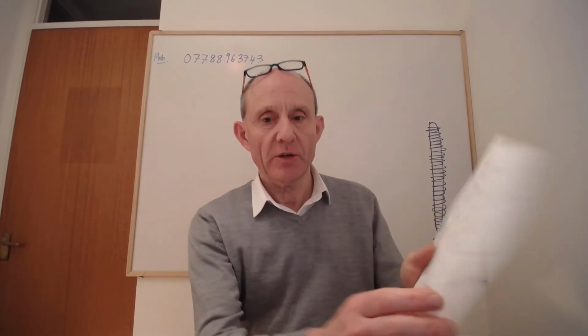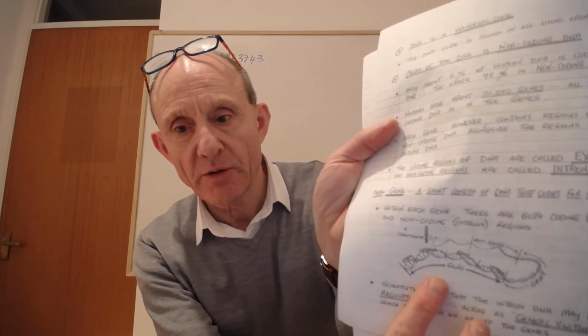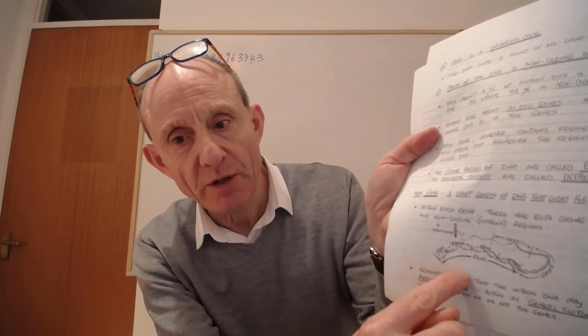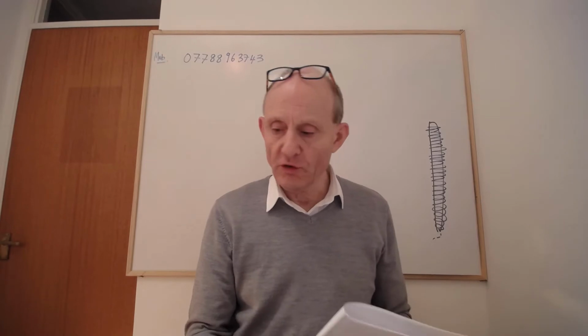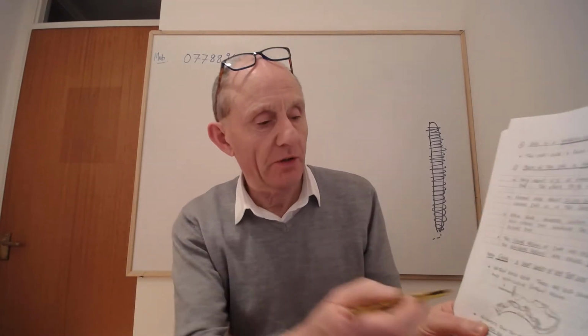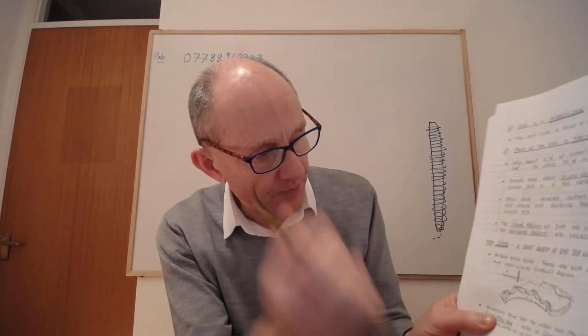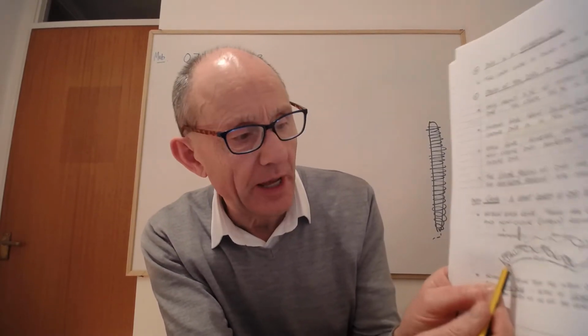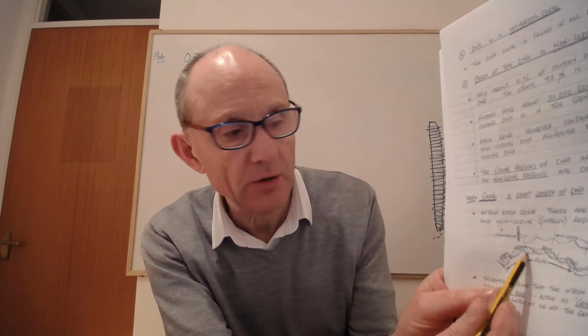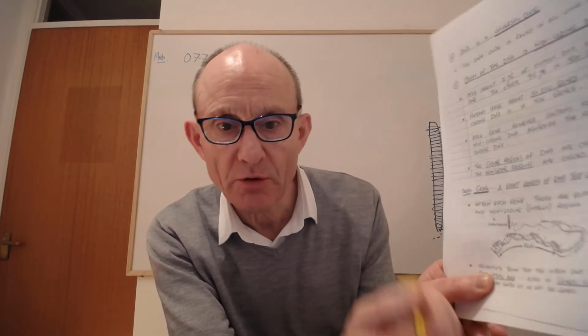I did this picture particularly so that you could see that within that gene, if you look closely, at the start of the gene you've got an exon, which is a coding piece of DNA, and then you have an intron, which is non-coding, then you have an exon, then you have an intron, and so on.